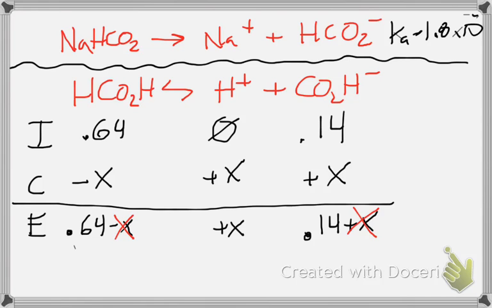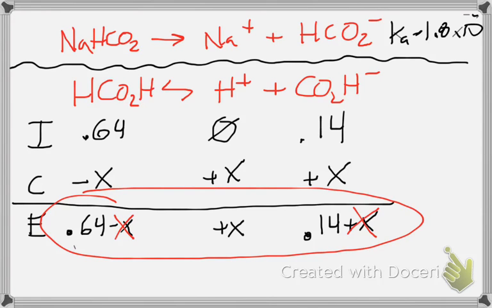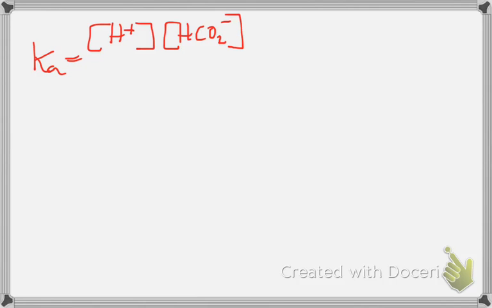So let's take these values to a new slide, the 0.64, the plus X, and the 0.14, and plug them into the Ka equation. All right, so Ka is going to equal the concentration of the H+ times the concentration of the formate, HCO2-, divided by the concentration of the undissociated HCO2H, formic acid.